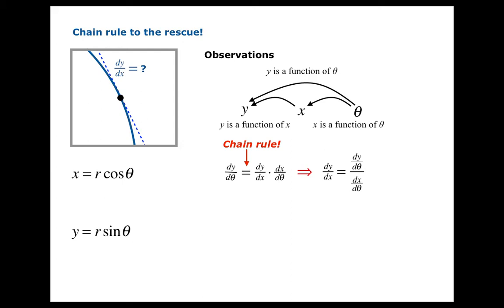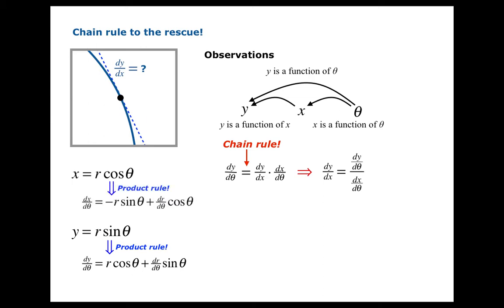theta. This doesn't look perhaps a whole lot better, but actually dy d theta can be obtained via the product rule from y equals r sine theta. And similarly, dx d theta can be obtained via the product rule.